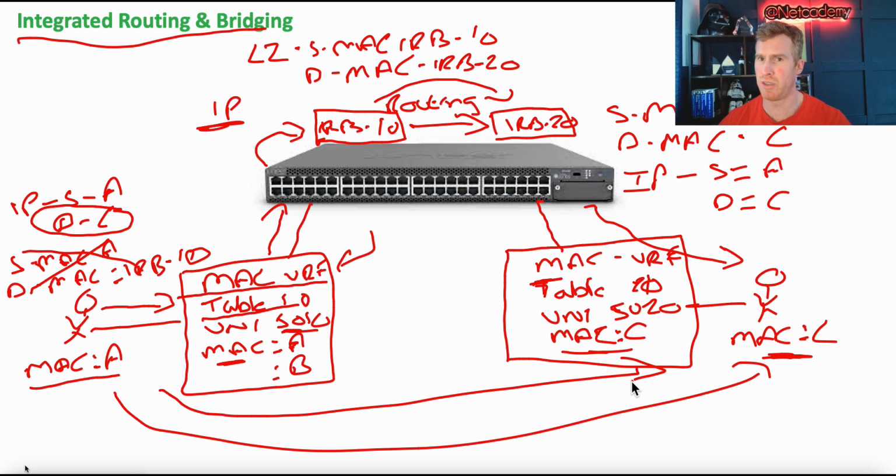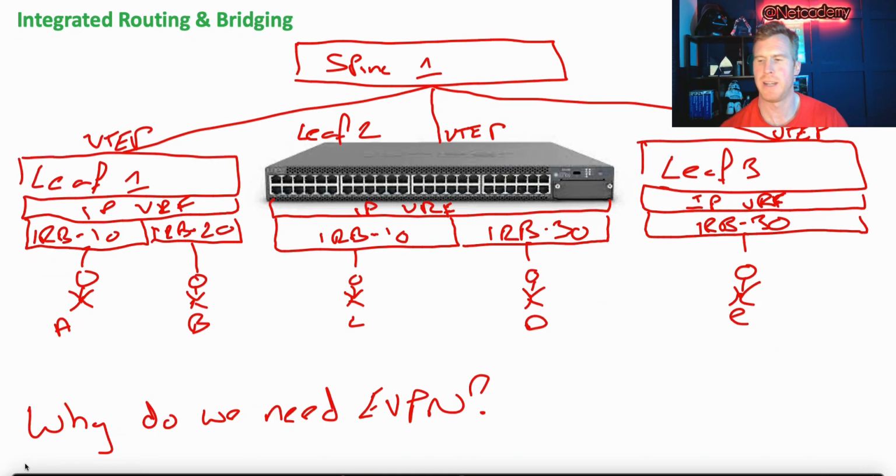Now what is the process when we've got multiple leaves and multiple devices in different VLANs or the same VLANs connected throughout the network? So for me this brings around the question, why do we need EVPN? Why do we need Ethernet Virtual Private Network? As we've just gone through, a leaf device, leaf 2 in this video, was more than capable of doing inter-domain routing and intra-domain bridging.